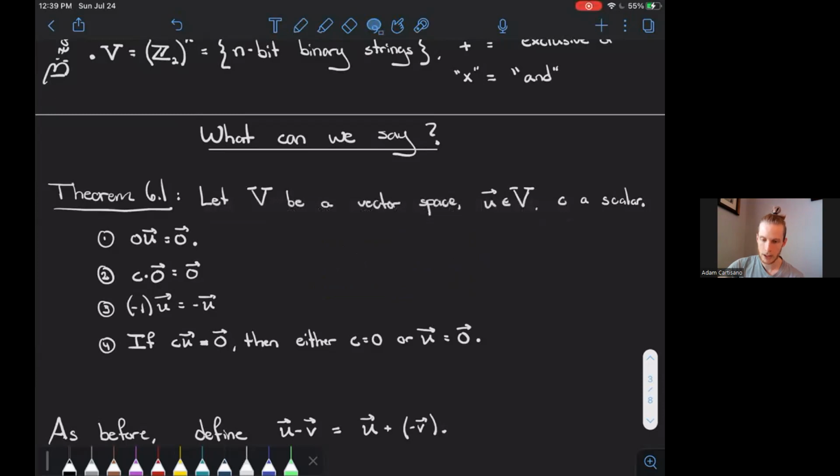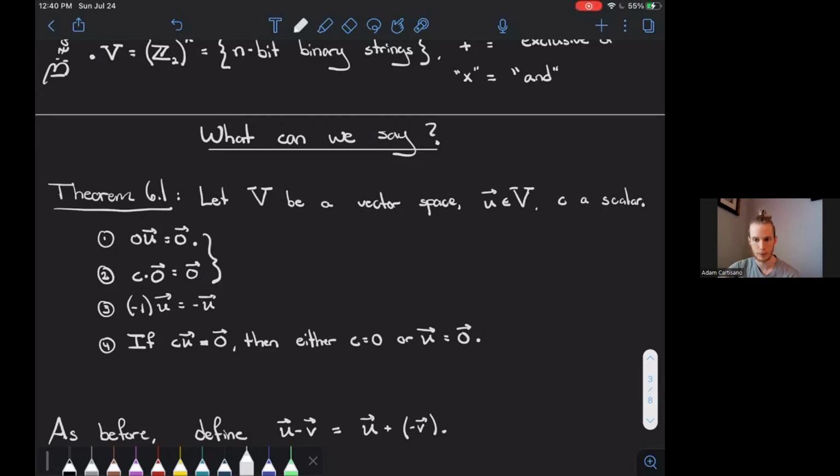Okay. And then the last one is, suppose that these are the only two cases that give you the additive identity. So if a scalar times a vector gives you the additive identity, then you're in case 1 or you're in case 2, one or the other.